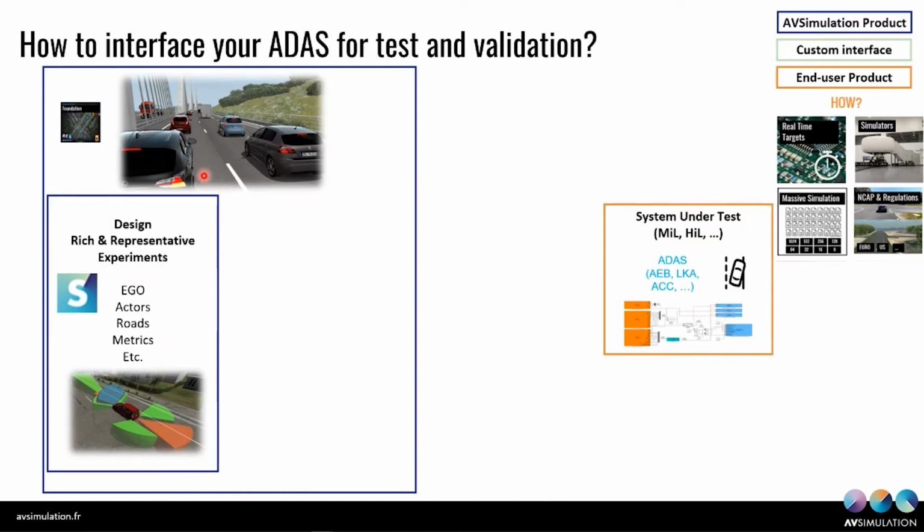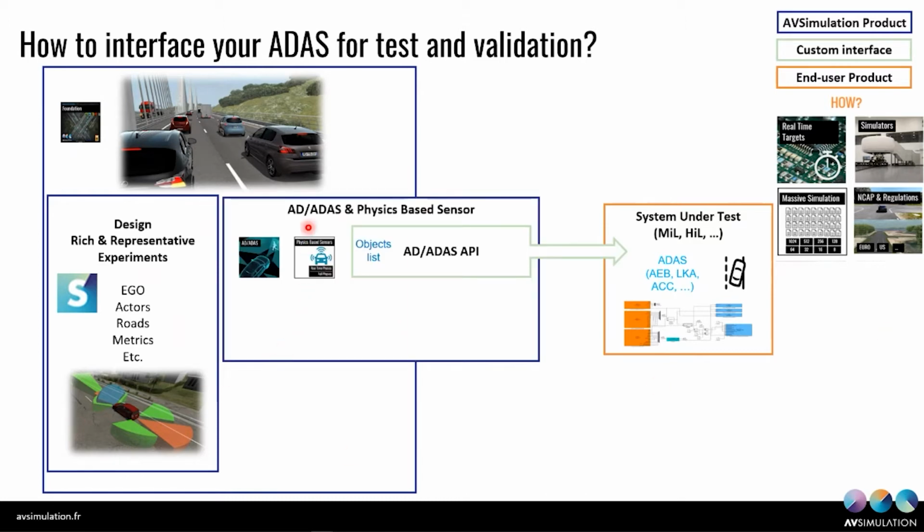Okay. So with the foundation pack, you get everything you need to design your experiment with the rich environment and metrics measurements. Okay. And in order to connect, you will want to simulate sensors. Sensors come with the ADAS and physical-based sensor packs.